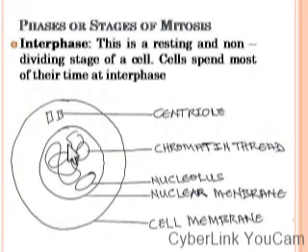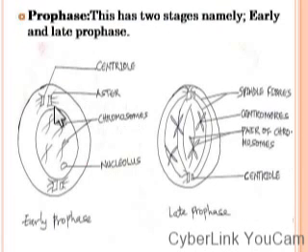If you look at the chromatin thread or chromatid here, they form a network of fine thread. When they condense and shorten, they become chromosomes at the early prophase.